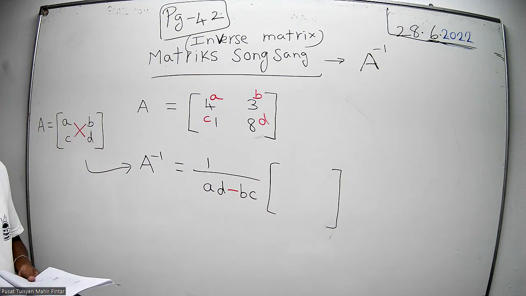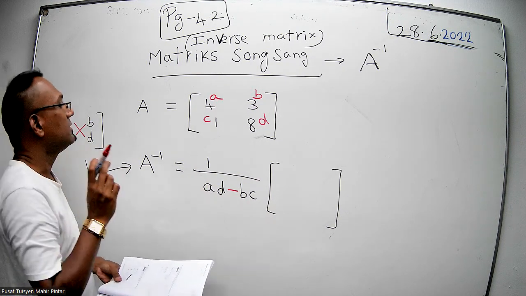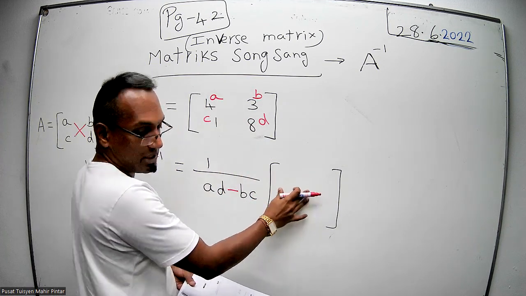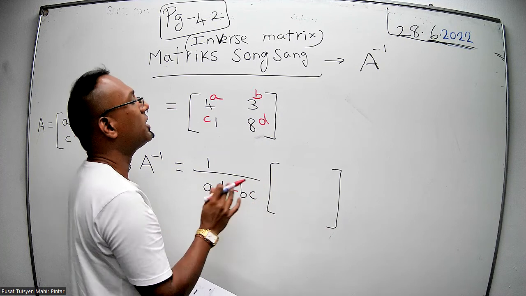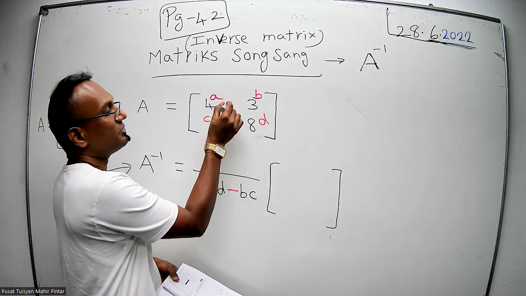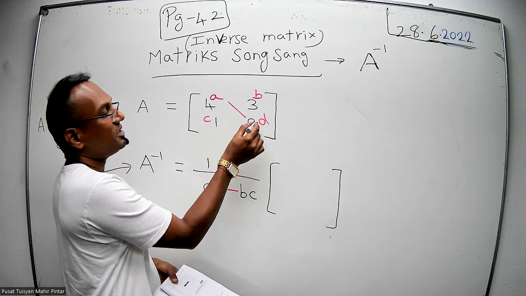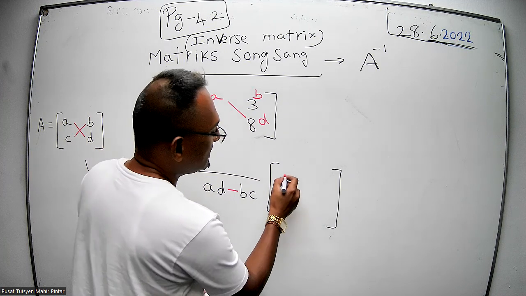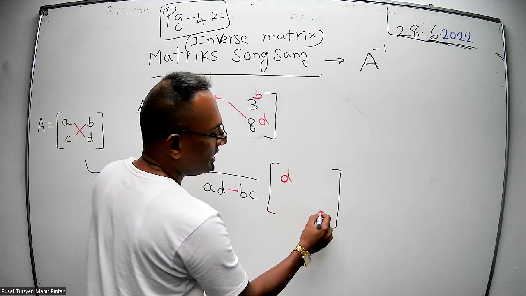Just to remember easily: coming to what is inside the matrix, what do you have to write? Once again, the first cross, just interchange these two. A and D just interchange. D should be here and A here.